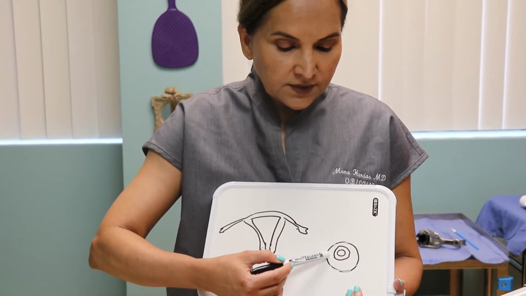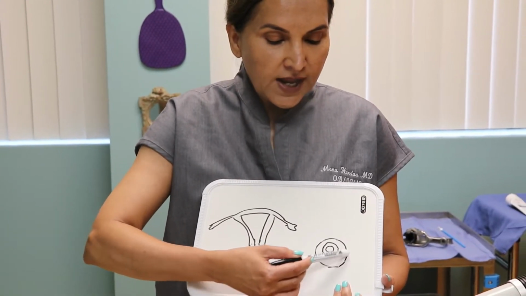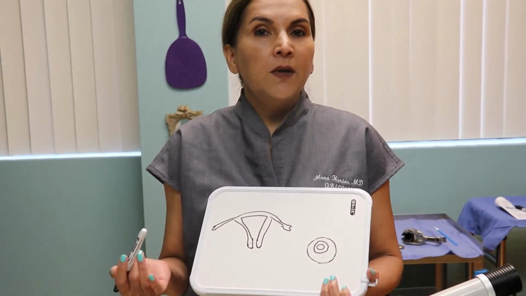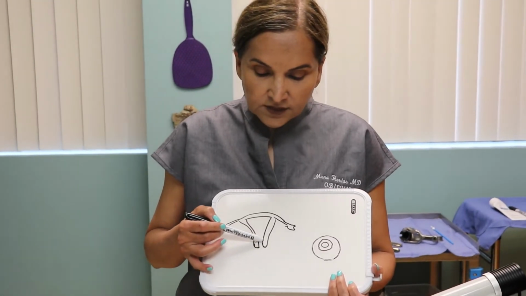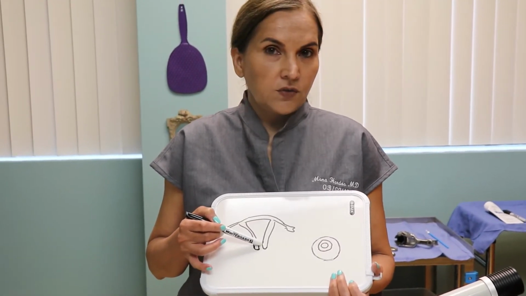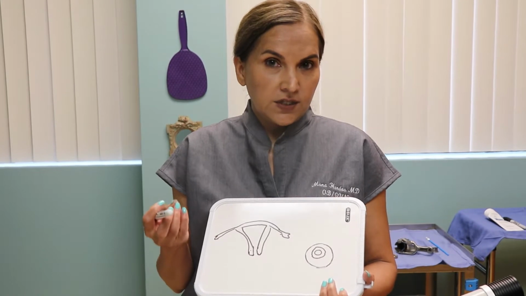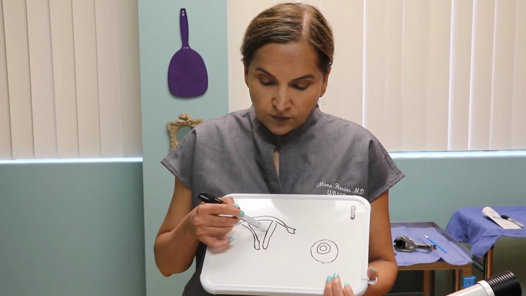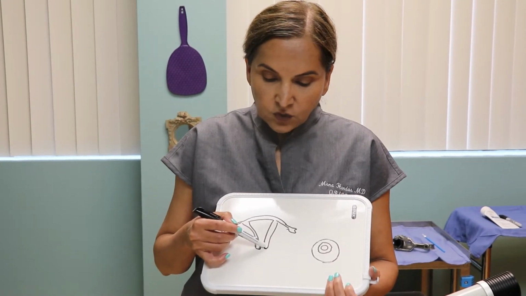So what happens, the cells which line the outer part, they are like our skin cells. We call them squamous epithelium. The cells which line the inside of the cervix are called glandular cells. They are glands. So these glandular cells come from the uterus and start going down.